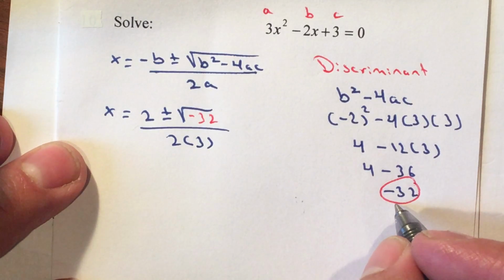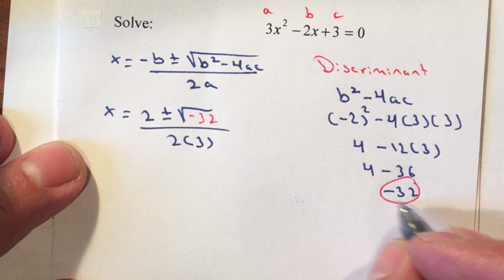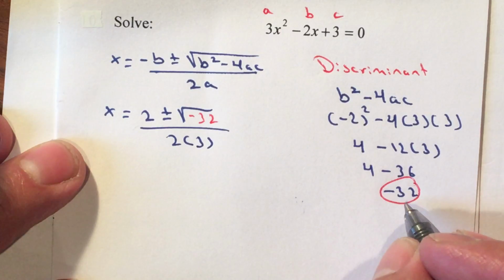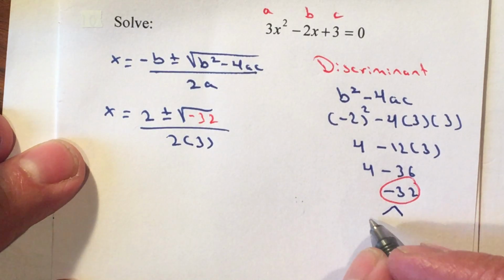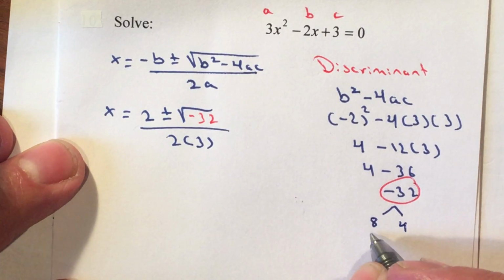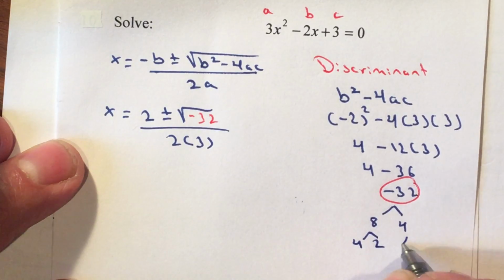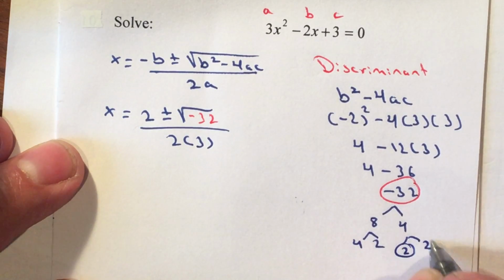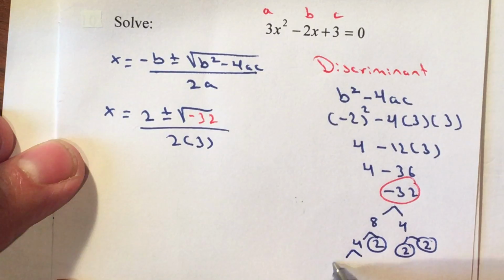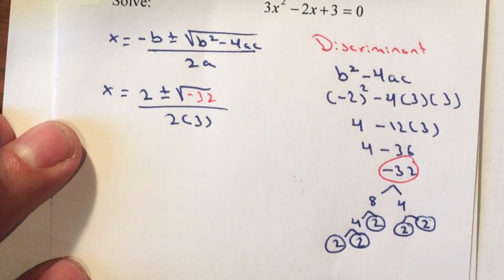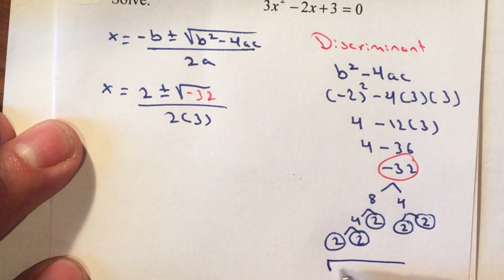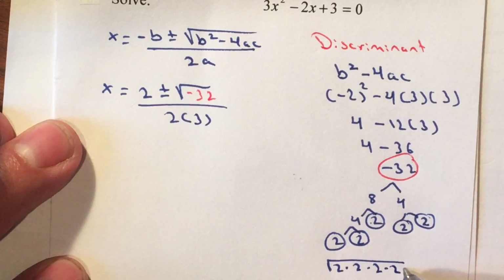To simplify the square root of 32, you can think of which perfect square divides 32, or you can do a factor tree. 32 is 4 times 8, 8 is 4 times 2, 4 is 2 times 2. Let me circle my prime numbers. I'm going to place them all inside the square root: 2, 2, 2, 2, and 2.